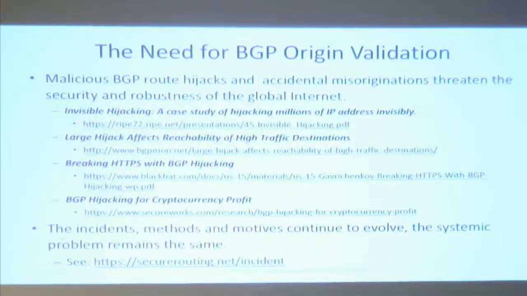And each certificate in the RPKI certifies that you have the right to use that. With a certificate in hand, you can do a digitally signed route origin authorization, which says this AS is allowed to originate my prefix.